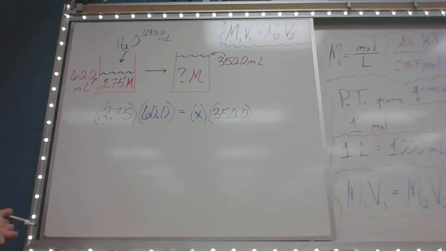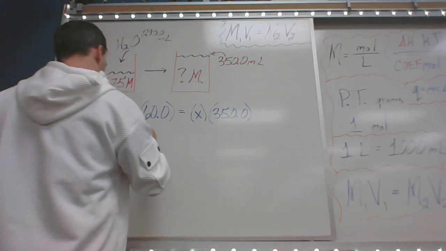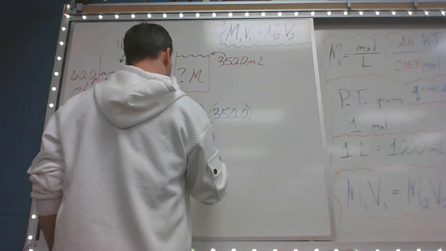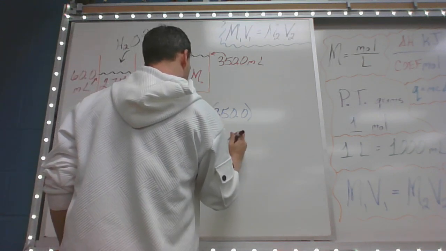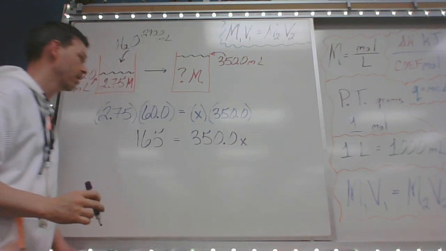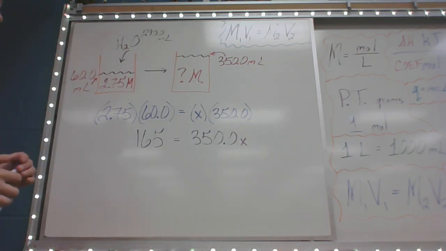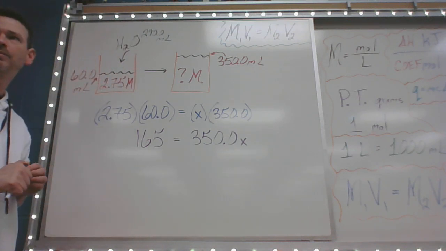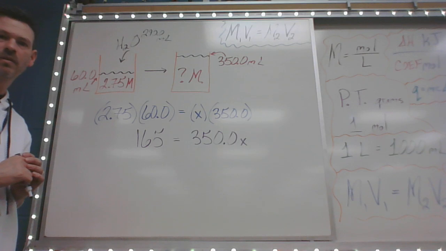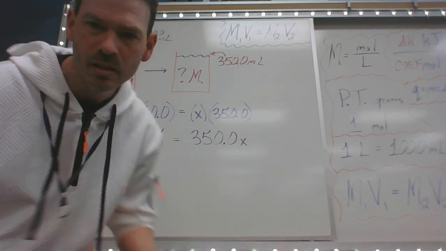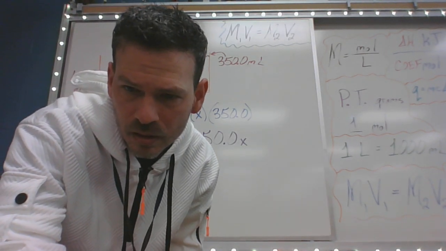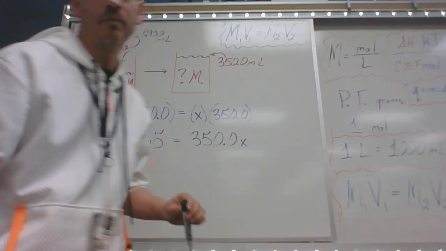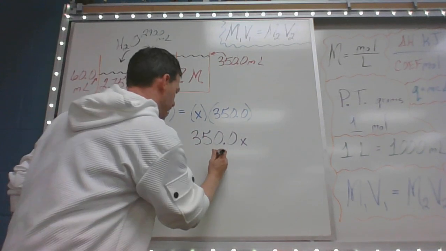Simplify the left to get 165. Simplify the right. Divide to isolate.